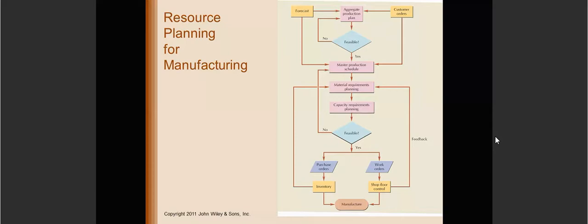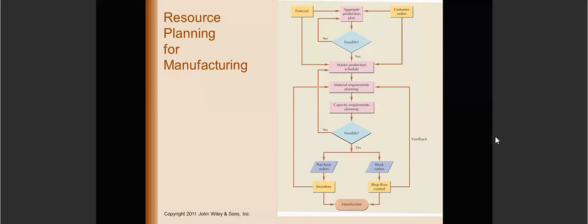In the aggregate production plan, we develop the plan based on the forecast and the actual order from the customer. The production plan is developed for the product family.